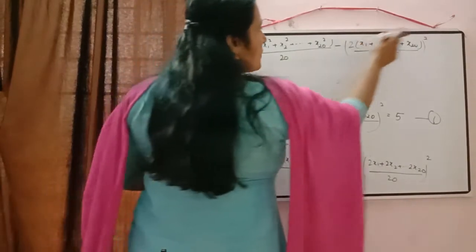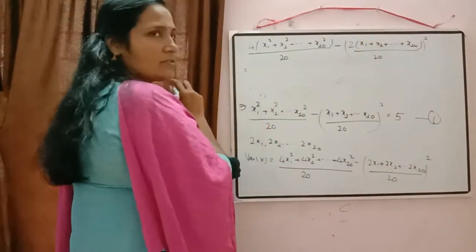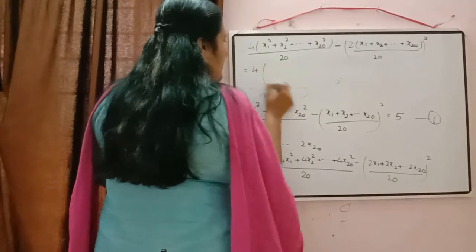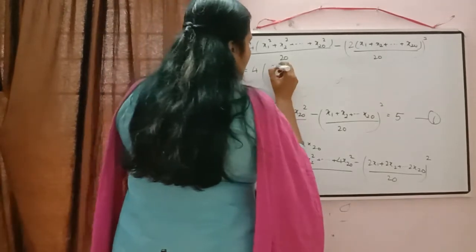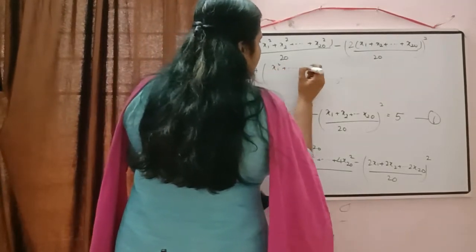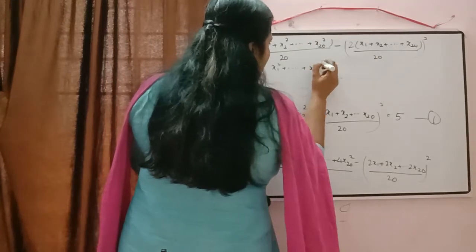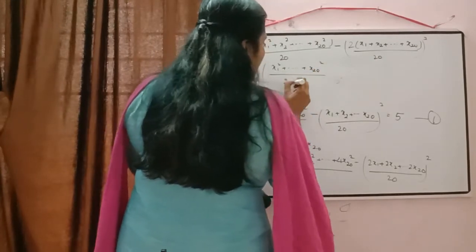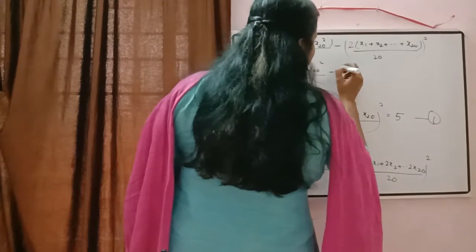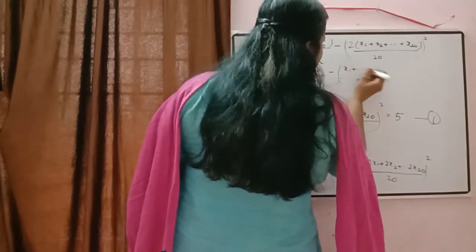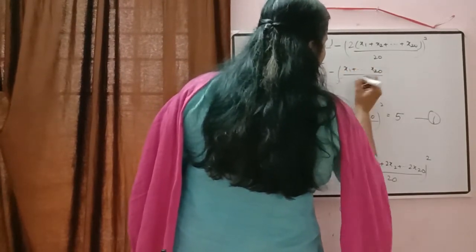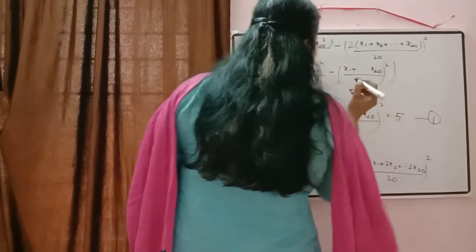Now 2 square is equal to 4, and here also we have 4, so we can take 4 common. Inside the bracket what remains is x1 square plus etcetera plus x20 square divided by 20, minus x1 plus etcetera plus x20 divided by 20 the whole square.